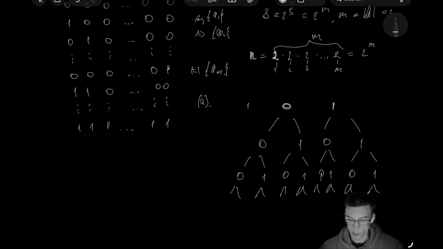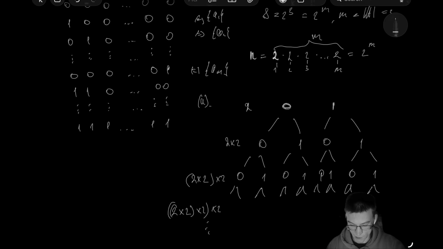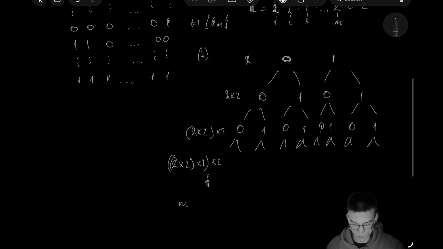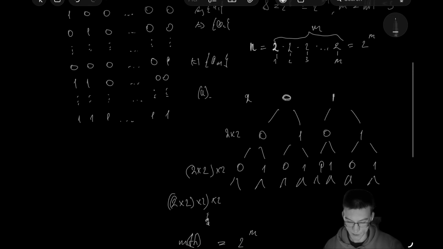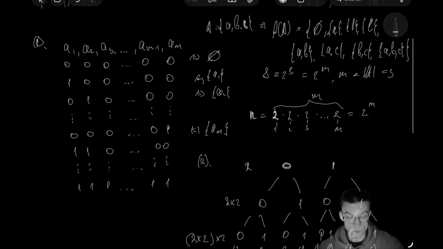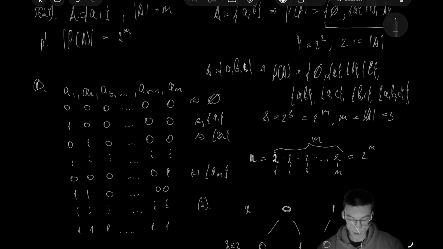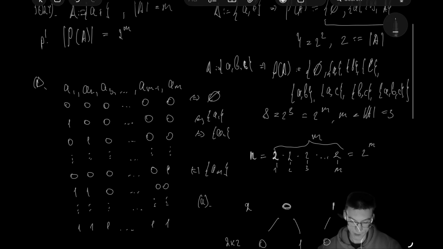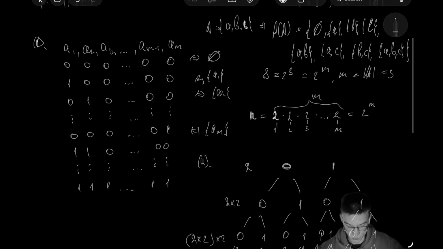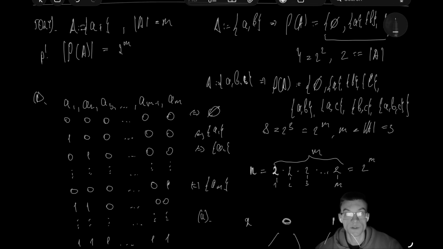This is like 2, and for each of those you have another 2, so 2 times 2, then again 2, 2 times 2 times 2, recursively until you reach the bottom of the recursion, the mth step. At the bottom of the recursion, you have 2 to the power of m elements. This is the product rule in combinatorics, and this is one of the major applications of combinatorics: you can apply it to find the cardinality of the power set. So that's the whole problem. We basically proved and visualized this result using combinatorics.